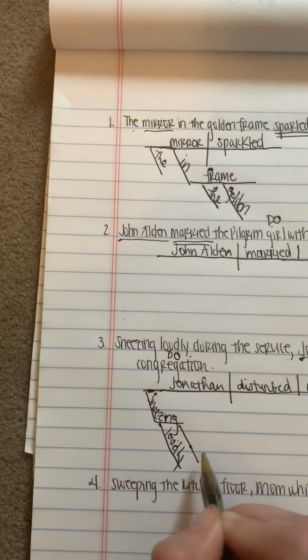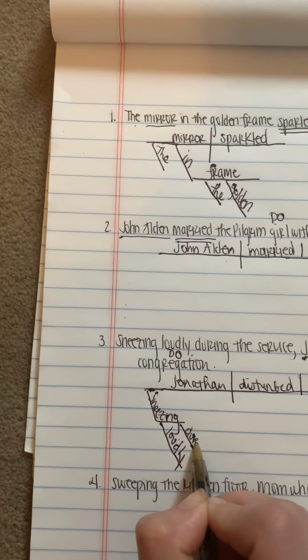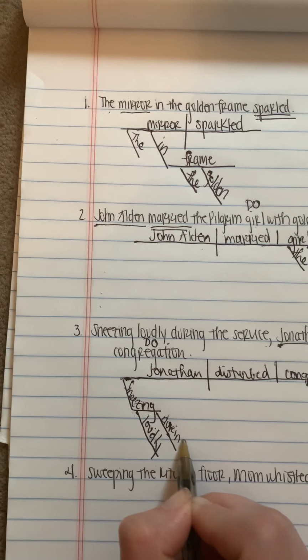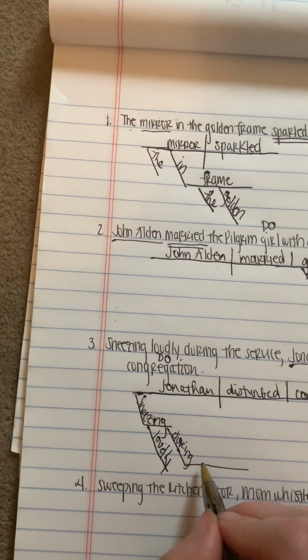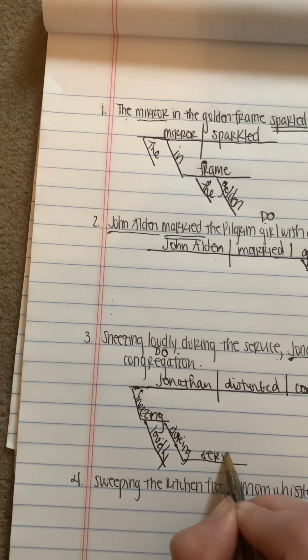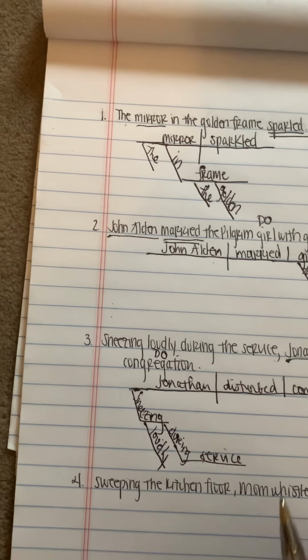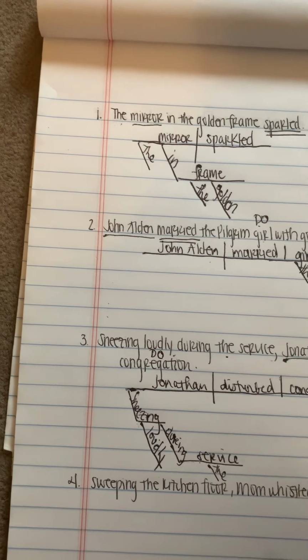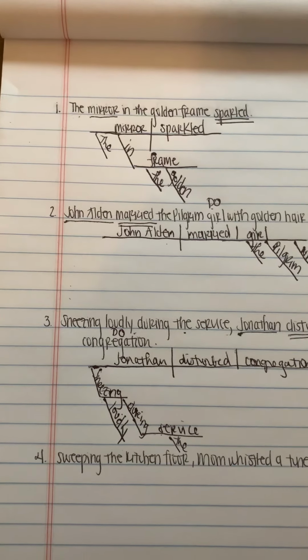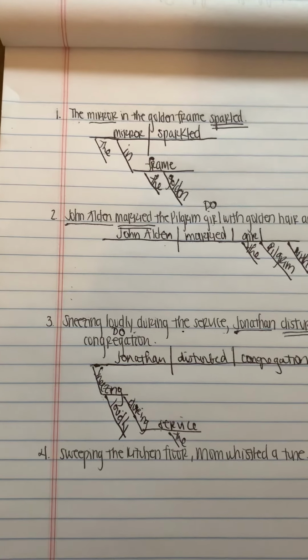So slanted line. Our preposition goes there. Straight line. Our object goes there. And then we have the. Always goes underneath the nouns it's in front of. And we've done our participial phrase.